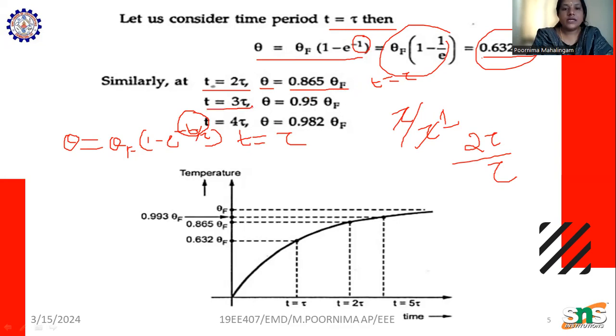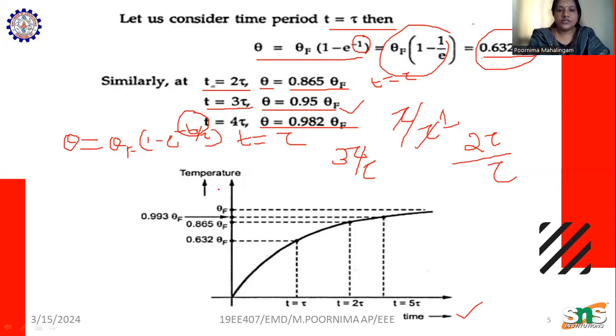Now applying t equal to 3 tau, theta is equal to 0.95 theta f. And now for the time period t equal to 4 tau, theta reaches about 0.98 theta f.